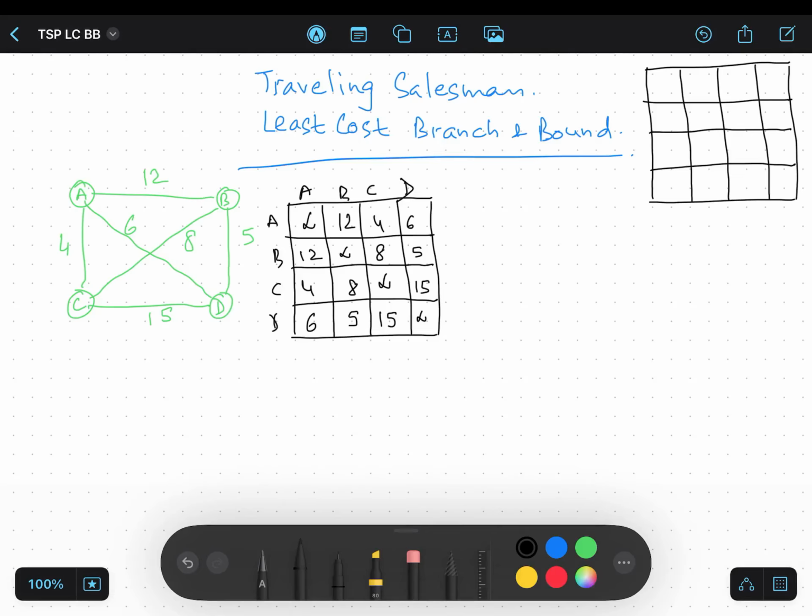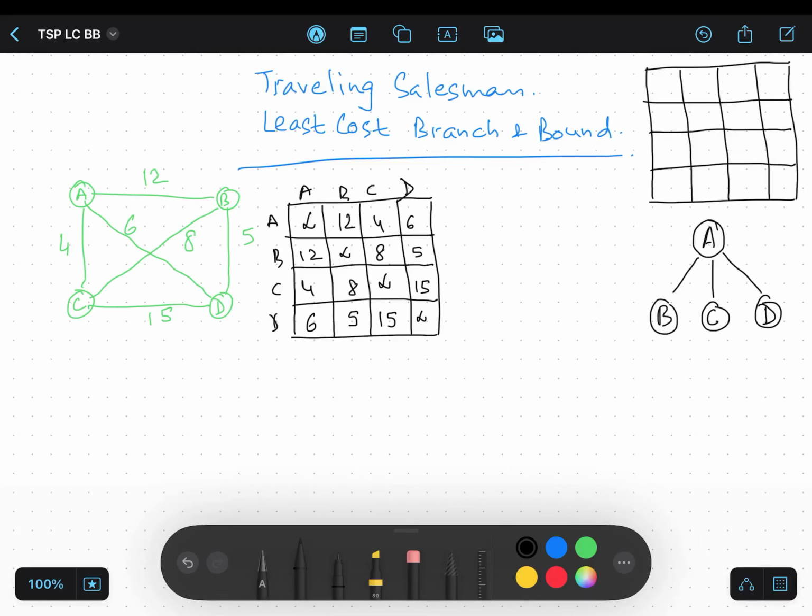Which means if the traveling salesman has to start from A and go to every other node once and come back to A, then he is going to start from A. Now from A, he can go to B, C, or D. And he is going to follow the path which will have the least cost.